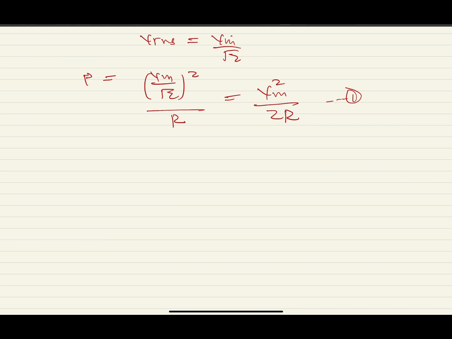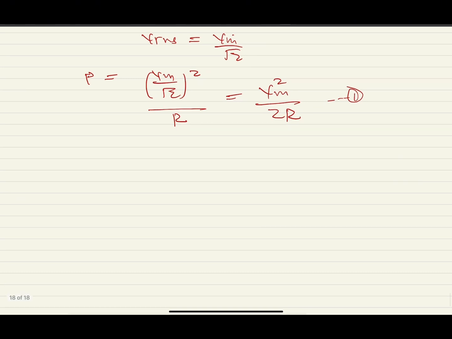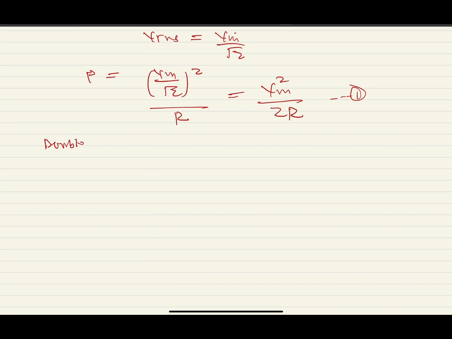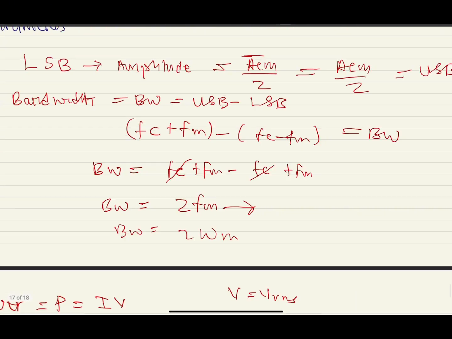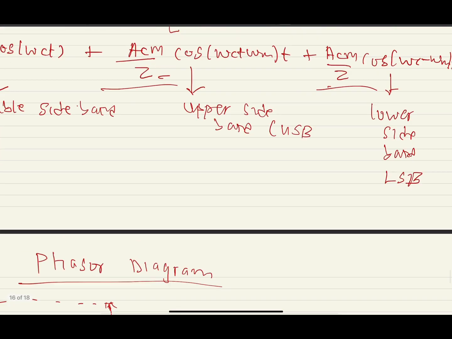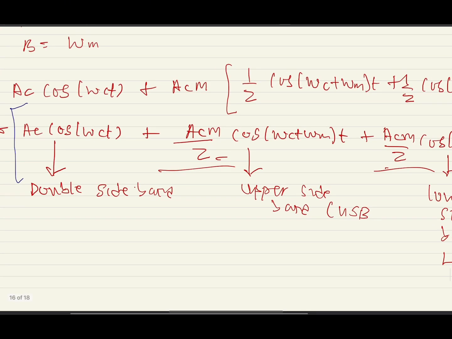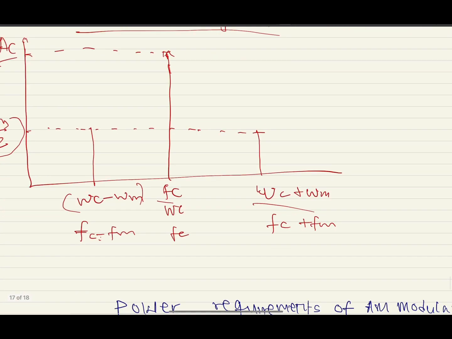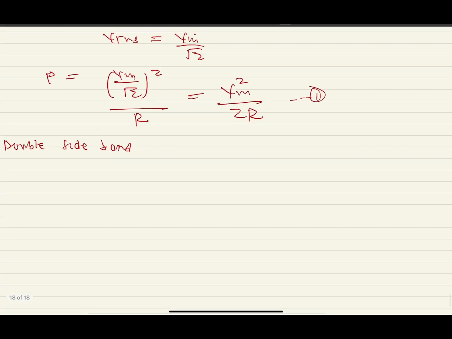Since we have this equation, we can go ahead and substitute the amplitude of whatever we have in the envelope equation to calculate the respective power requirements. Looking at the double sideband, which is this part of the envelope, it has the carrier's amplitude.